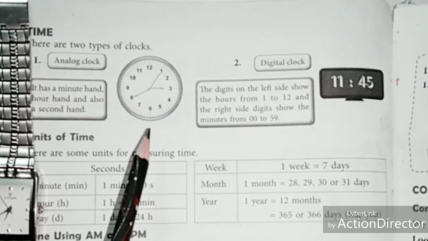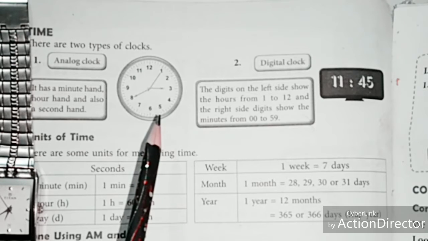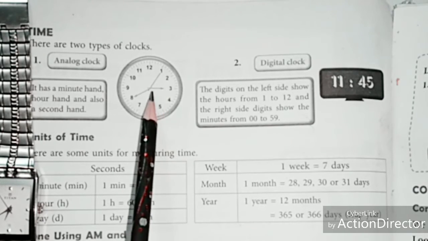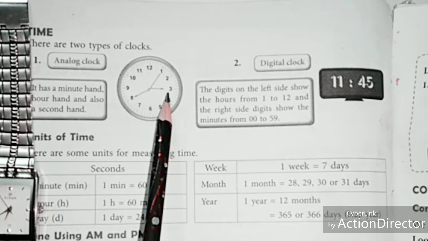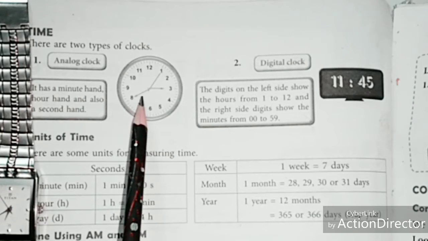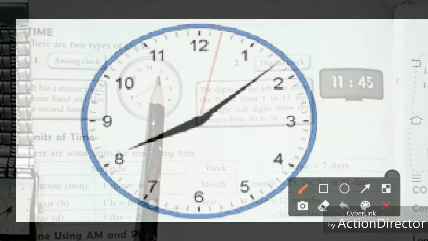And this type of clock is used on your home wall. This small one shows hours, and this long one shows minutes.